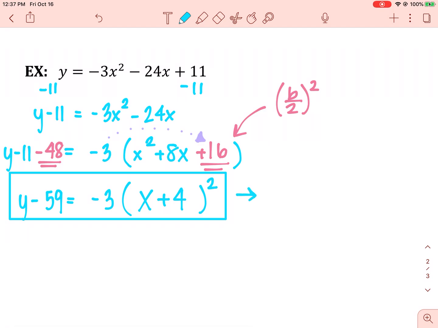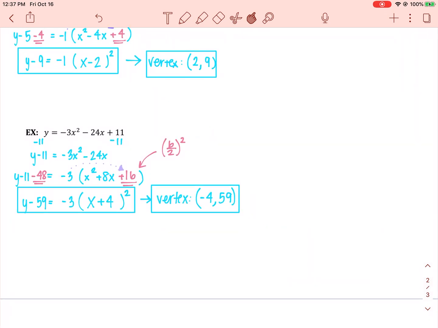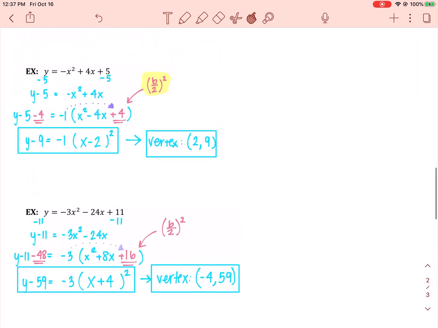The vertex that comes out of here is negative 4, positive 59. And you just completed the square. Not too bad. Ask questions in class if you have them, but this highlighted formula is what will get you through completing the square. Good luck!